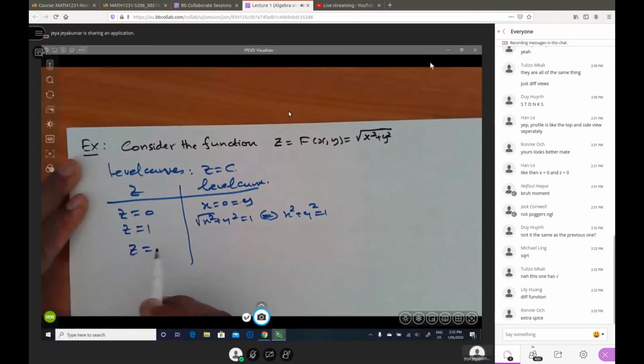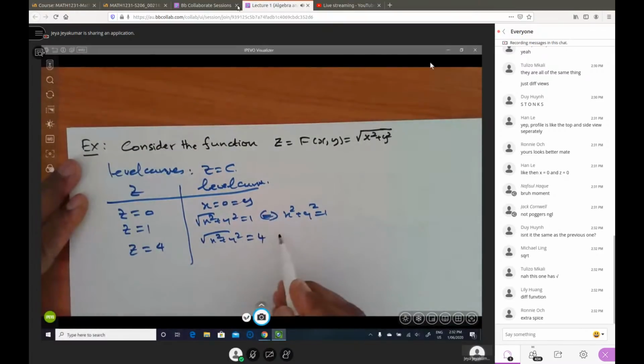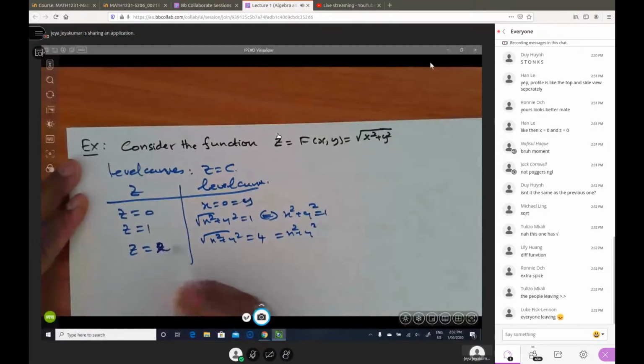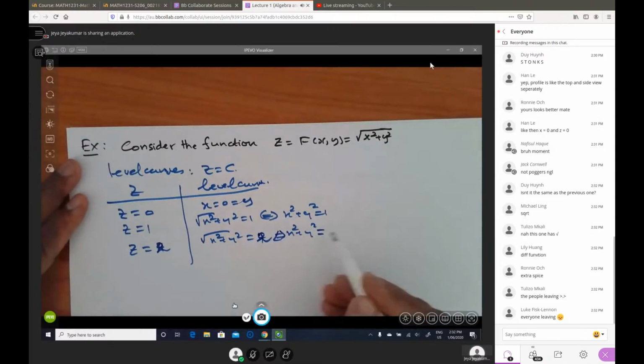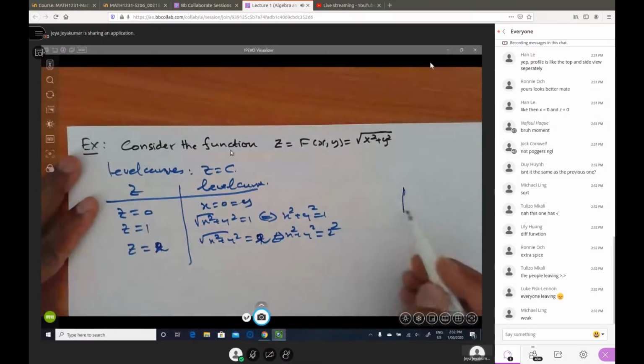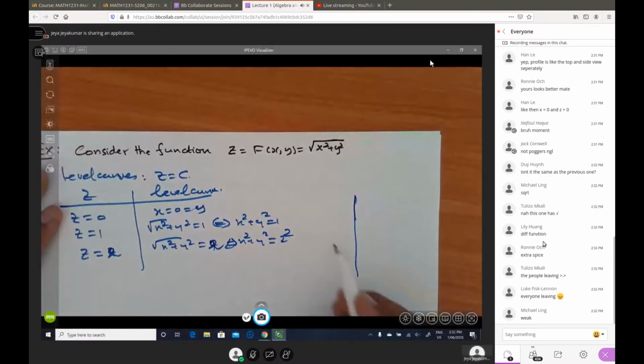And z equals, say, 4, so square root of x squared plus y squared equals 4. So that means x squared plus y squared is 2 squared, that is 4. Okay, so again, level curves are here as circles as well.